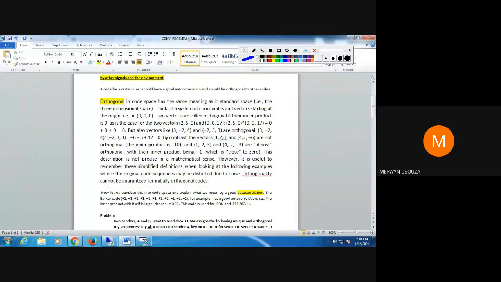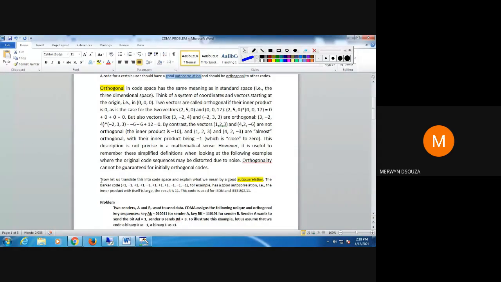And the second property that a good CDMA code should have is good autocorrelation. What we mean by autocorrelation is, suppose this is a CDMA code, and you find the dot product of this code with itself. Then we say it has good autocorrelation if the result is a very large value.